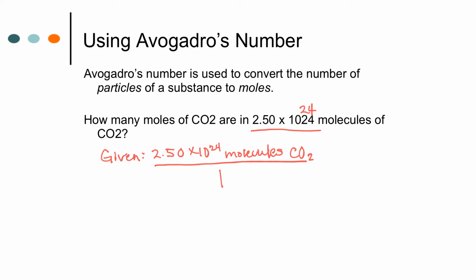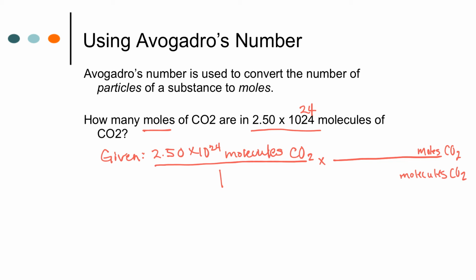And they want to know how many moles of CO2 are in that. So we're going to multiply, and since we're looking for moles, moles of CO2 is going to go on top, and molecules of CO2 on the bottom, because we want to end up with moles. And so let's think, what is our conversion factor?